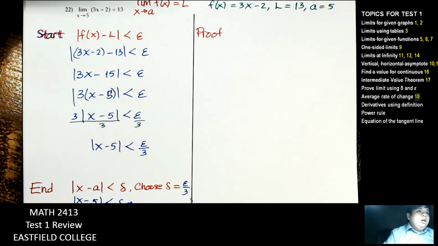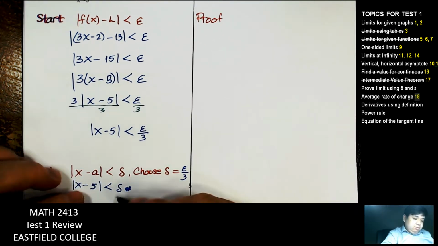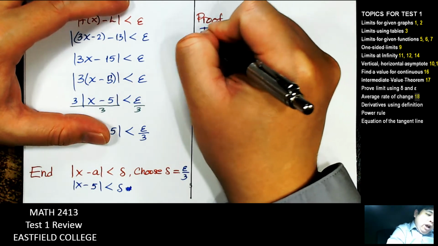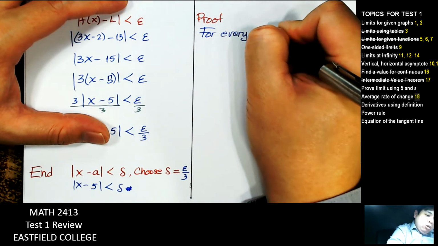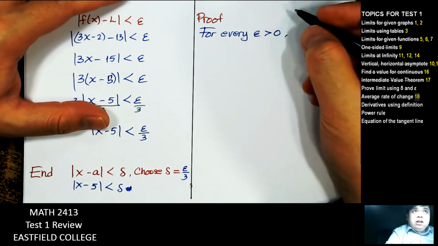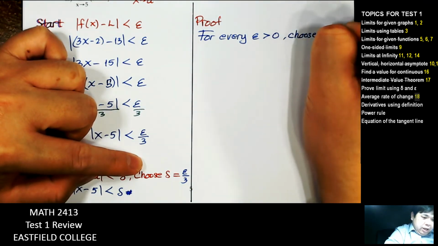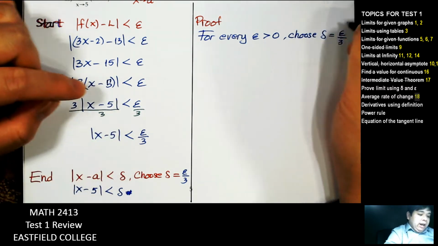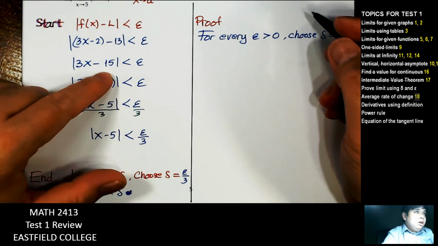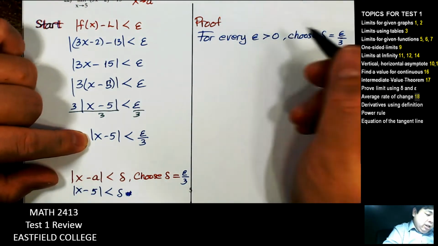The proof, we write backward. For every epsilon positive, we can choose delta equal to epsilon over 3. Now all we do is just write this backward. So we start from here.